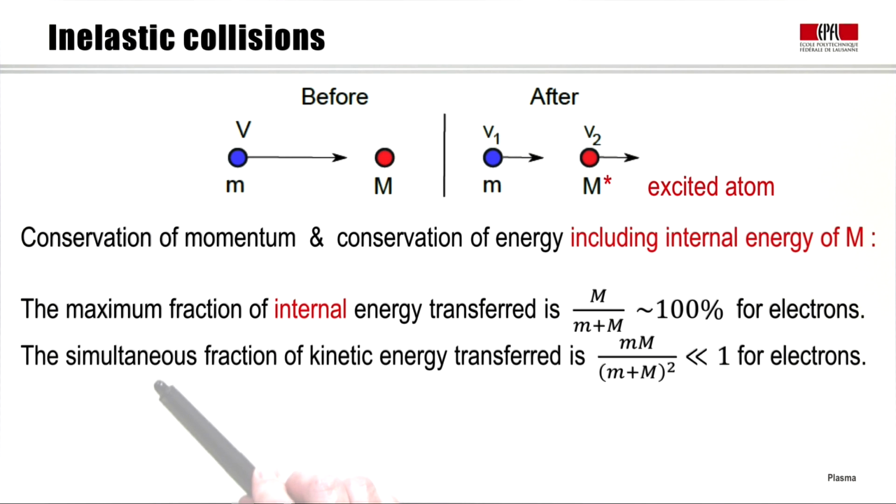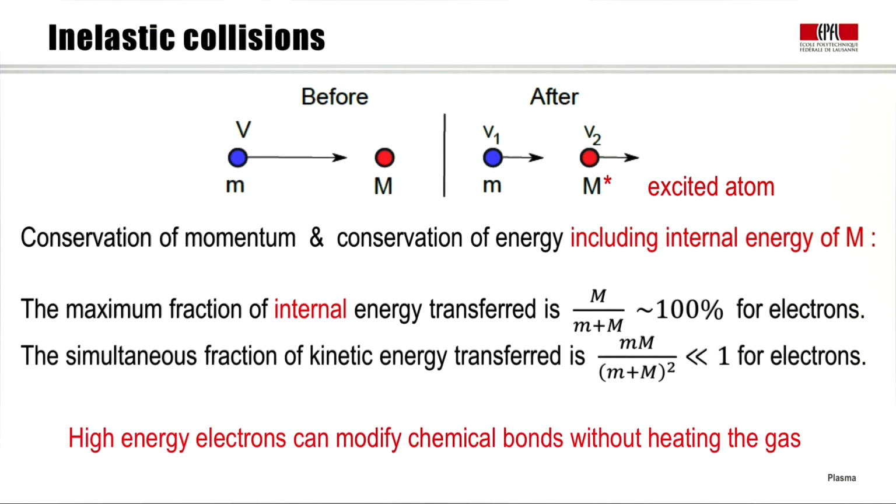At the same time, the electrons simultaneously give only a very small fraction of their kinetic energy to the gas. This means, in conclusion, that high energy electrons can modify chemical bonds in molecules without heating the gas.